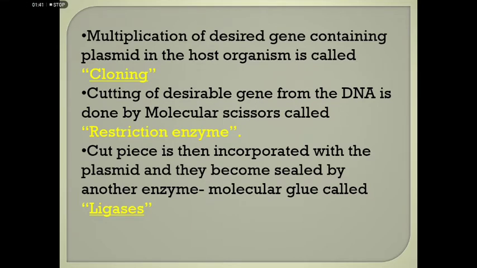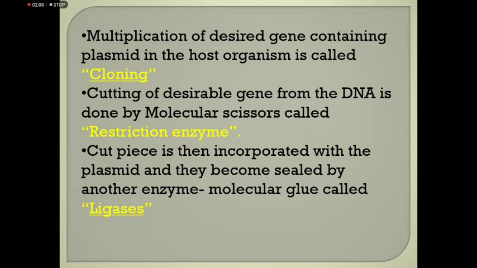Multiplication of the desired gene containing plasmid in the host organism is called cloning. Cutting of the desirable gene from the DNA is done by molecular scissors called restriction enzymes. These restriction enzymes are of two types: restriction endonuclease and restriction exonuclease. These two are included in the group restriction enzymes.